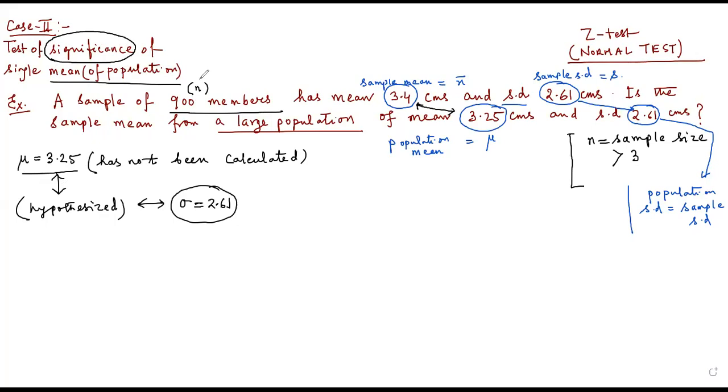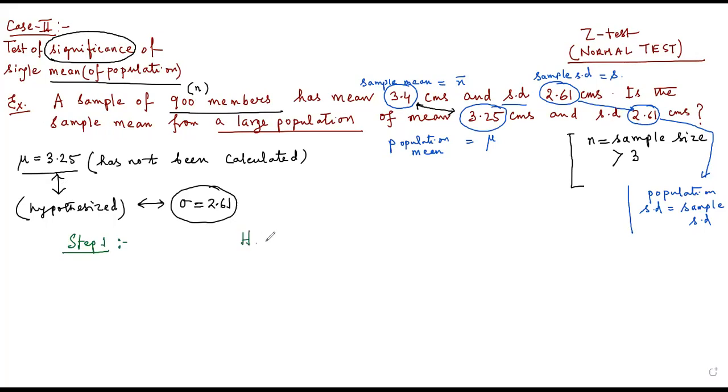If you have gone through my earlier videos on statistical hypothesis, you will see that step number 1 tells us to define the two types of hypothesis. One is called null hypothesis and another is called alternative hypothesis.